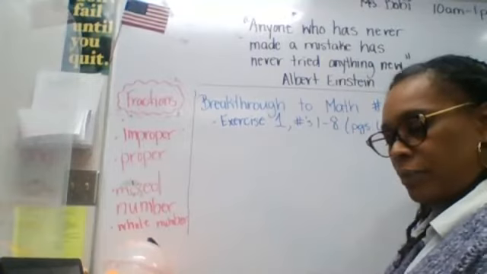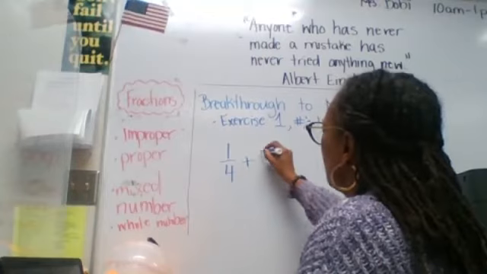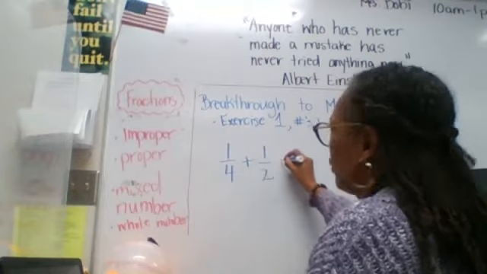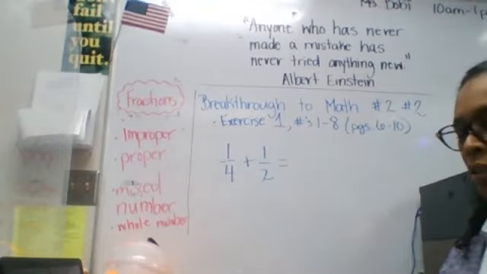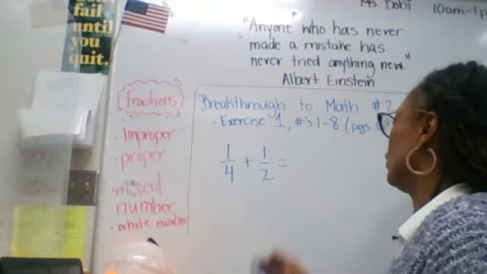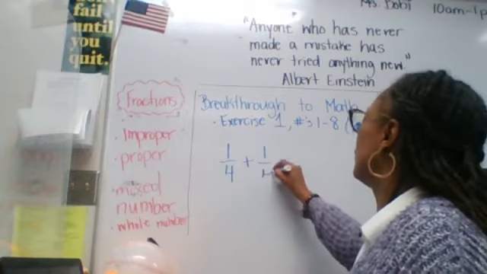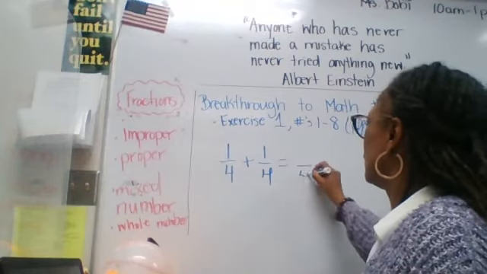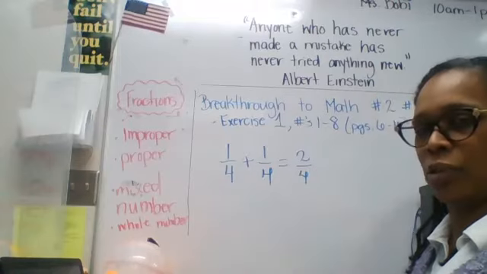Let's try this. So 1 plus 4. I'm sorry, 1/4 and 1/2. Yes. Oh, I've already changed it. See what I'm doing? Changing. We're keeping the denominators the same. 1 plus 1 is 2. Do we do something to that?